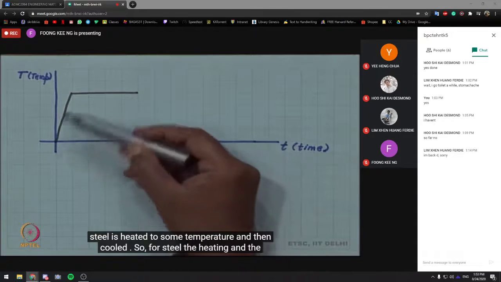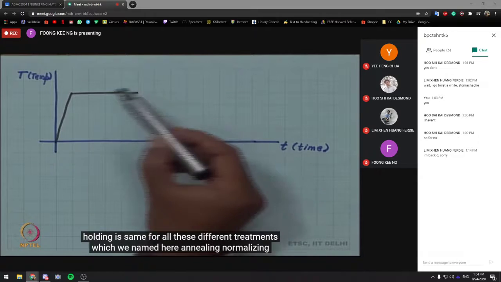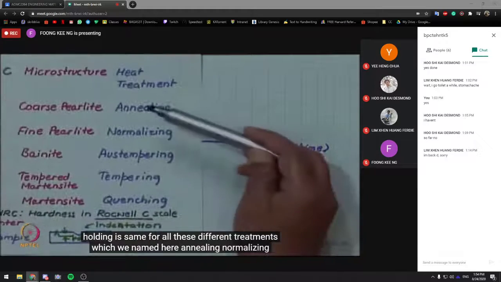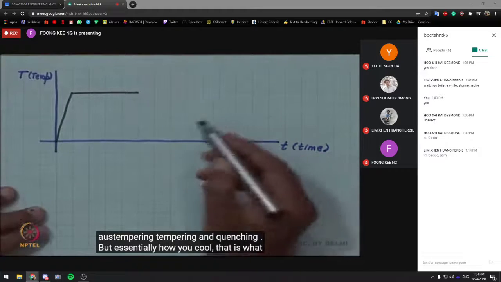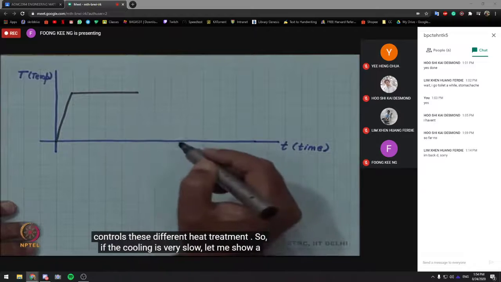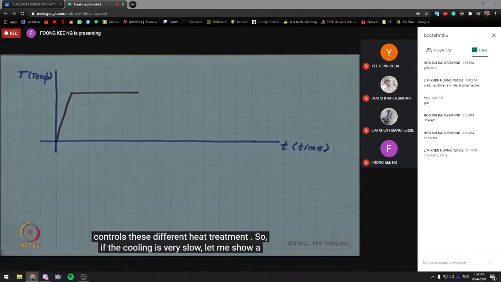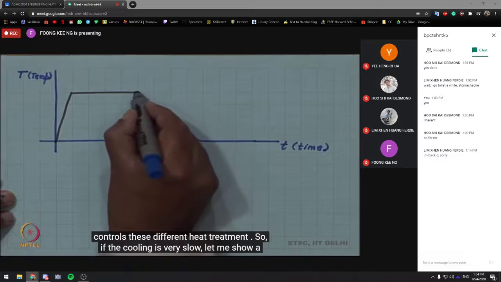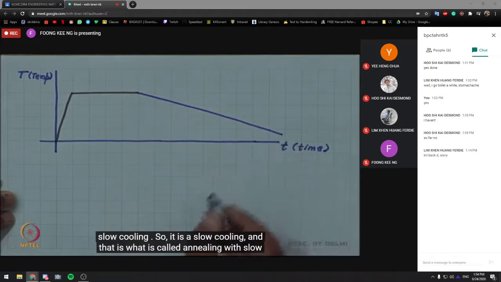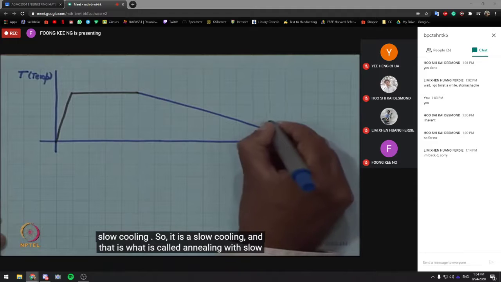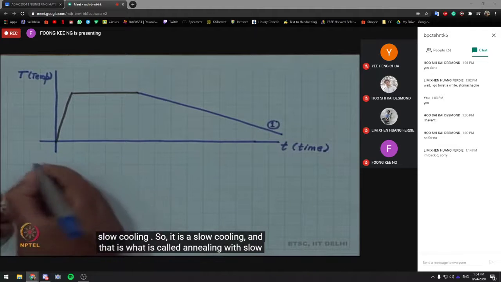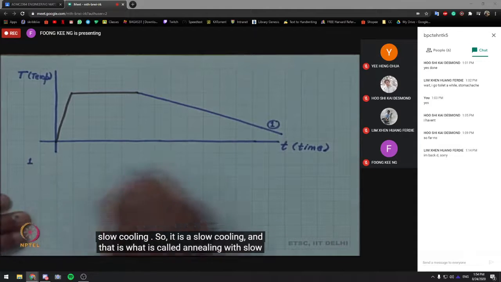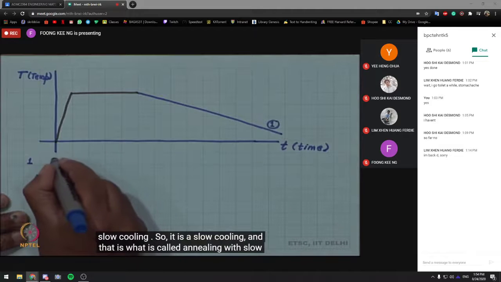So for steel, the heating and the holding is same for all these different treatments which we named here: annealing, normalizing, austempering, tempering, and quenching. But essentially how you cool, that's what controls these different heat treatments. If the cooling is very slow, let me show a slow cooling. So it's a slow cooling, and that's what is called annealing.